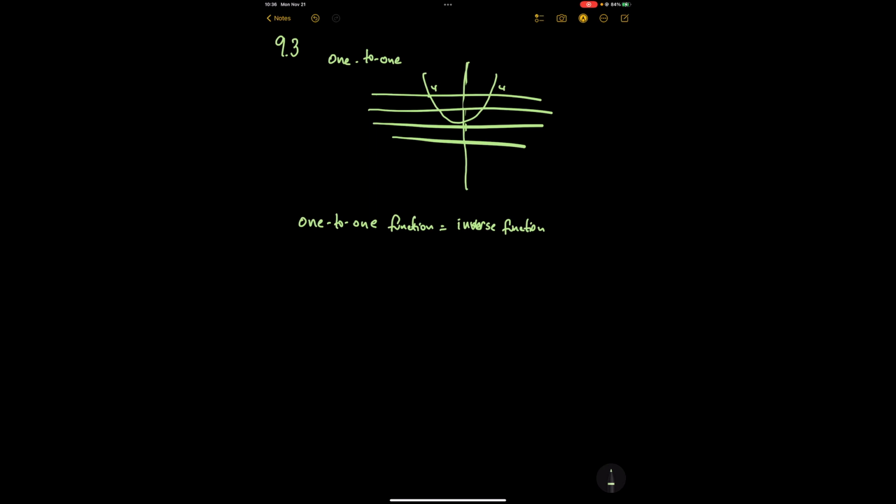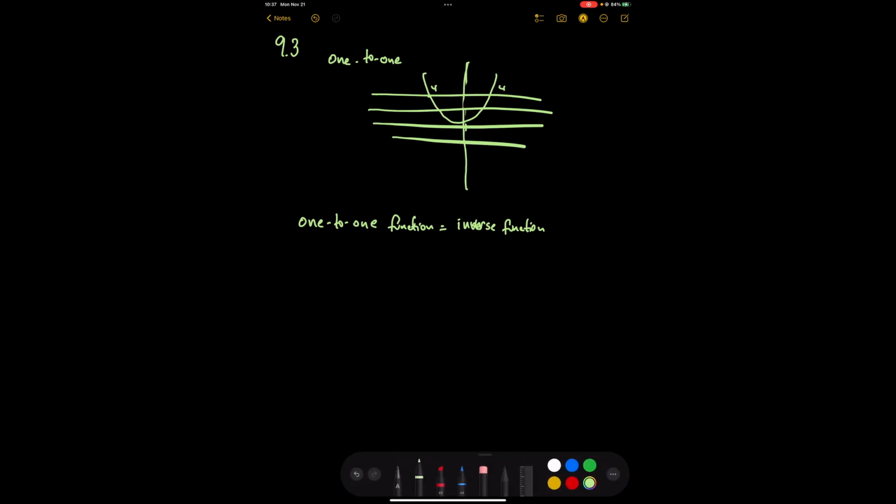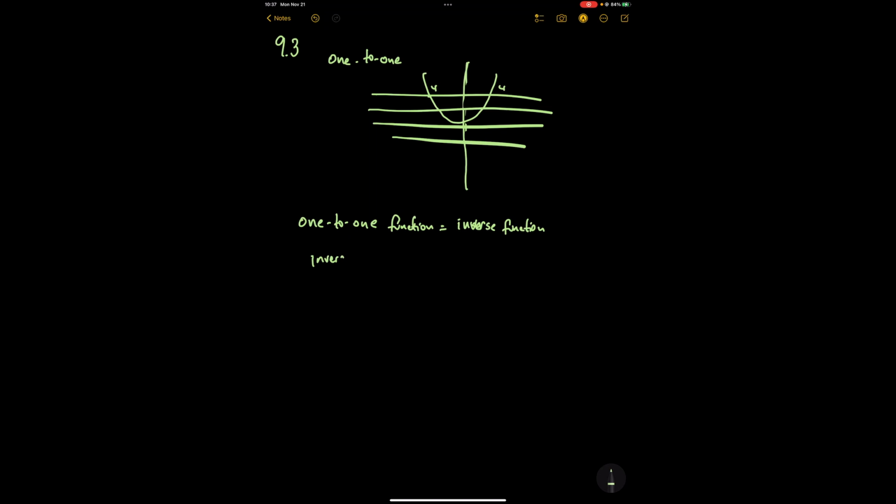Now, how do you write an inverse function? Let me put it this way. If f is the function, then the inverse of f is f of -1.